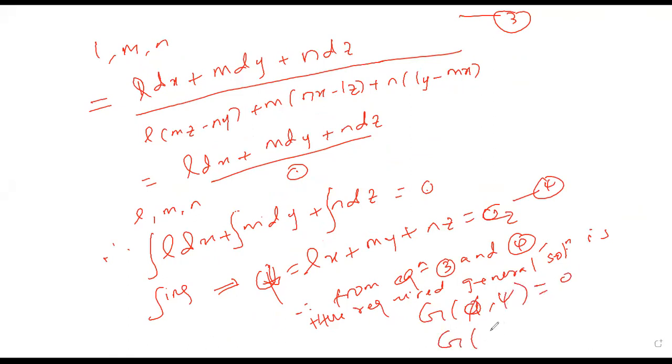Therefore, phi is x square plus y square plus z square, comma, and chi is Lx plus my plus nz, which is equal to 0. This is our final answer. This is how we solve this kind of multiplier questions.